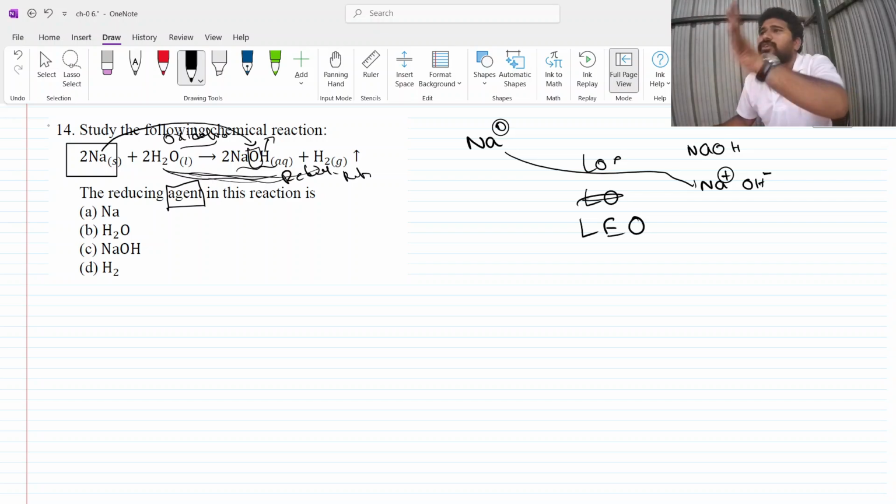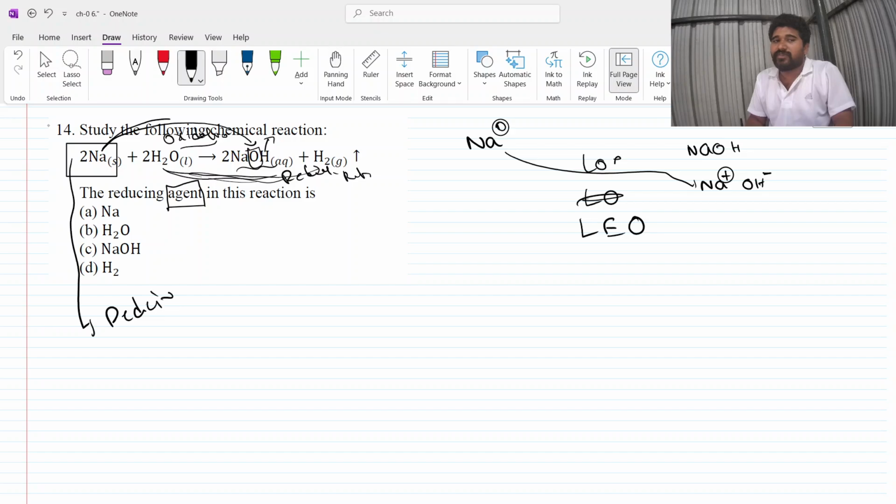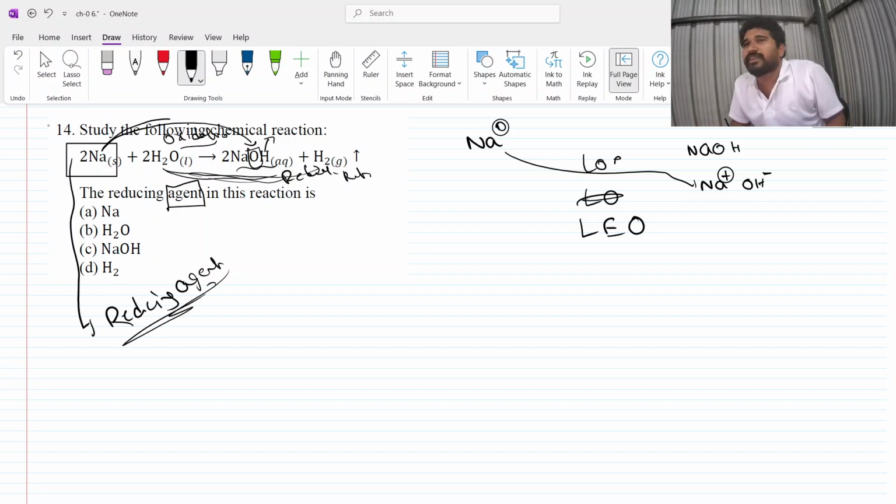It will not undergo reduction. If you look carefully, what will it undergo? Oxidation it will undergo. Are you clear? What will it undergo? Oxidation. So who underwent oxidation? He is your reducing agent. Is that clear for everybody? That is only your reducing agent.